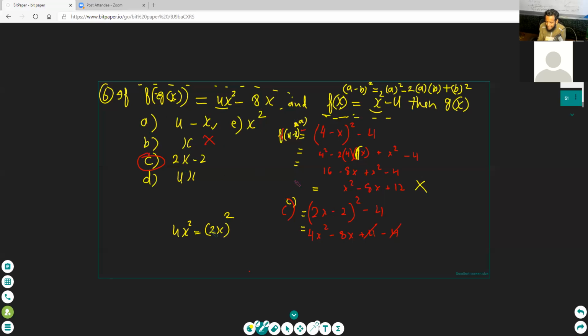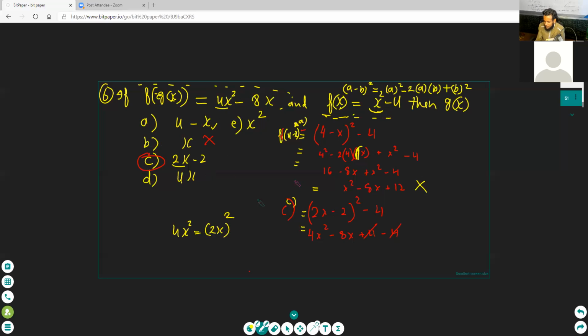This means that your g of x contains 2x. This is 4x square, this is x square. We are replacing x by anything which gives us 2x square. If you are not understanding, then you should use this technique. Is this technique good for you or not?